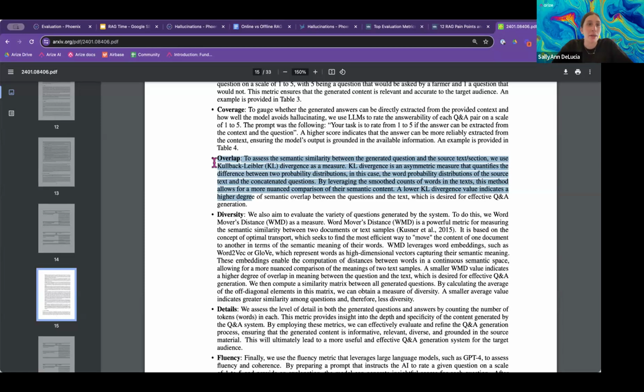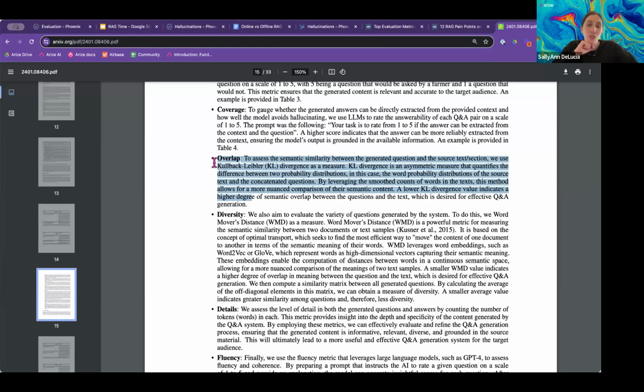There are other metrics we saw very early on with generative AI, especially for summarization, like a BLEU score or a ROUGE score, metrics that see how similar two texts are. I thought it was a really interesting application of that metric.